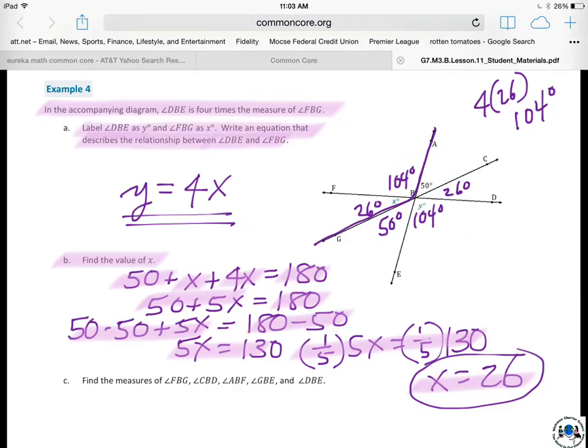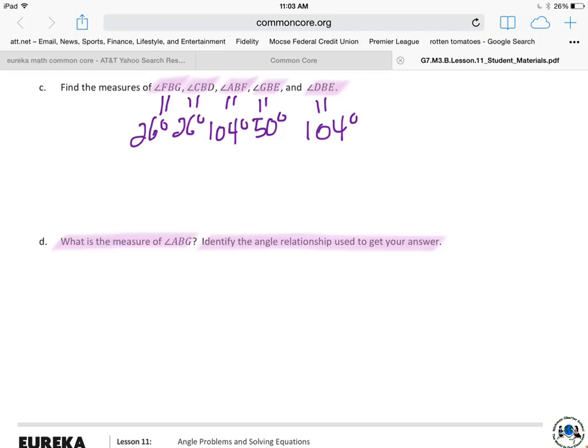To do that, very simply, all we need to do is add these two adjacent angles, 104 degrees and 26 degrees, and that would give us the measurement of angle ABG equals 130 degrees.